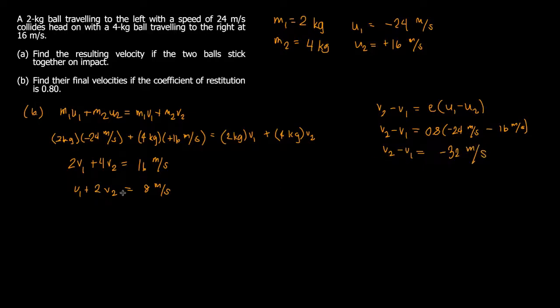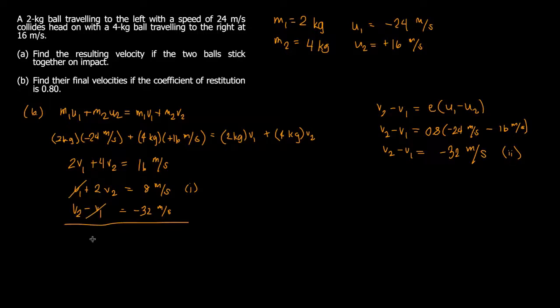Ngayon, i-add natin itong dalawang equation. This is equation 1 and this is equation 2. So by system, gamitin na natin v sub 2 minus v sub 1 equals negative 32 meters per second. Tama ba ito? Yes. So, pwede natin siya i-cancel ang v sub 1 since na-negate siya.